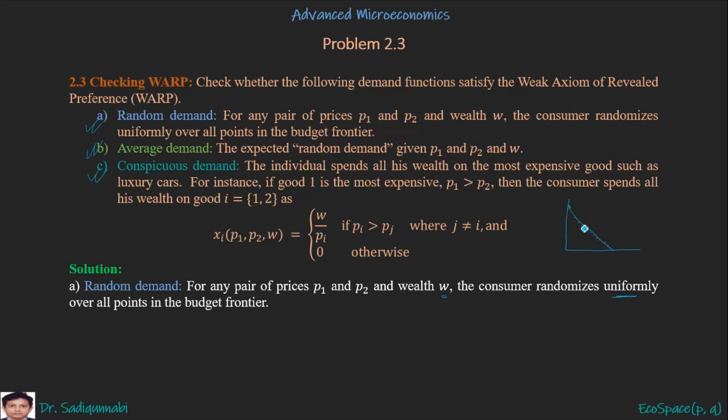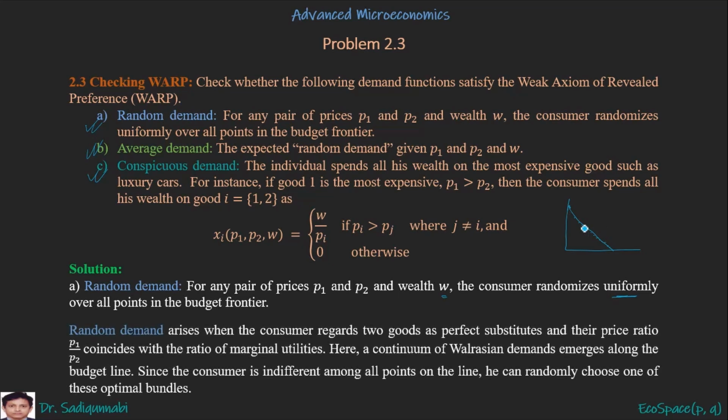So why does random demand arise? Random demand arises when the consumer regards two goods as perfect substitutes. So we know that for perfect substitutes, our IC is a straight line, and it is a function of the price ratio, which is equal to the ratio of marginal utilities.